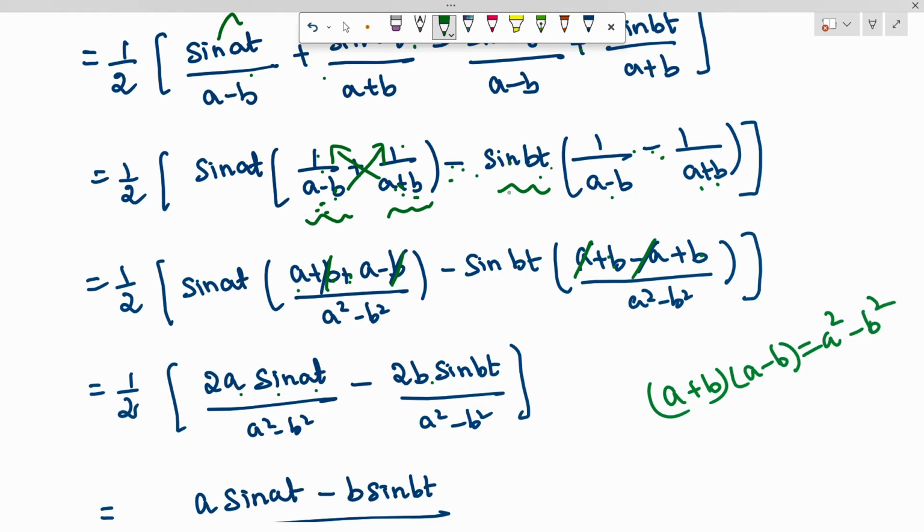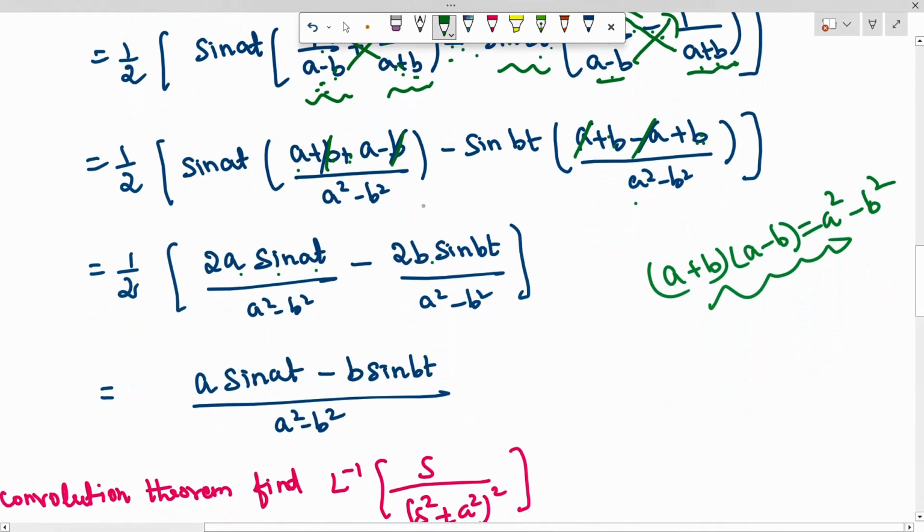Written here. In the second term, minus sine bt into, taking cross multiplication here also, a plus b minus of a minus b, that is minus a plus b, divided by (a plus b)(a minus b), that is a square minus b square. Again we used this formula here. Now here these two b's have opposite sign, we can remove these two b's.